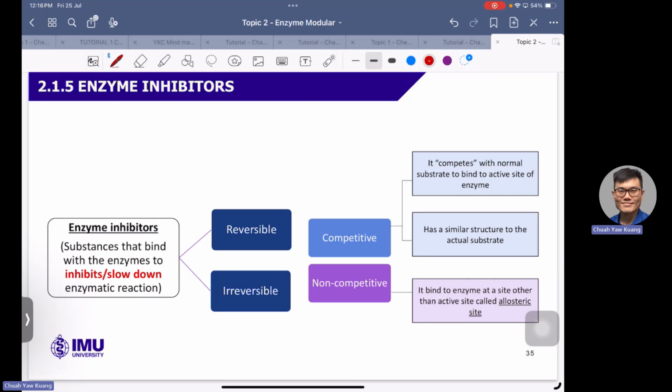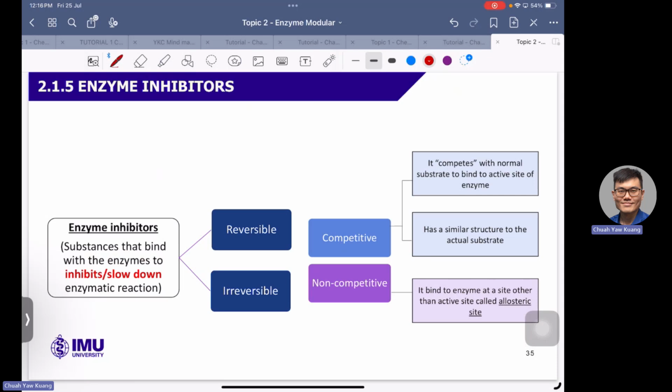All right. Then lastly, inhibitor. Okay, so enzyme inhibitor is basically anything that is going to inhibit the reaction or slow down the reaction, either one.